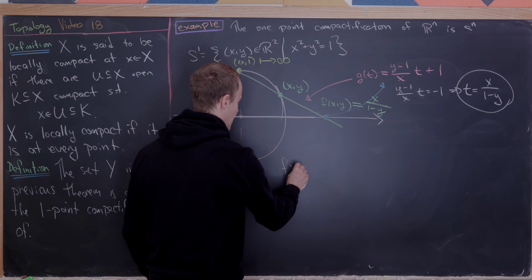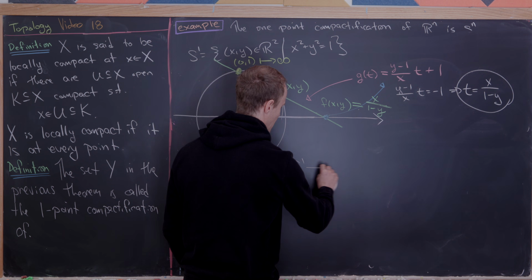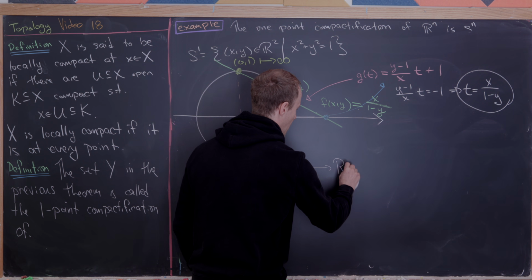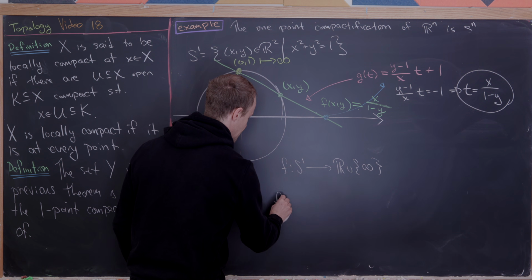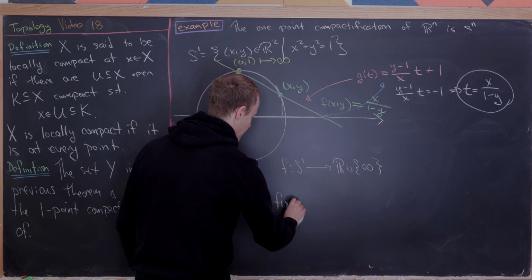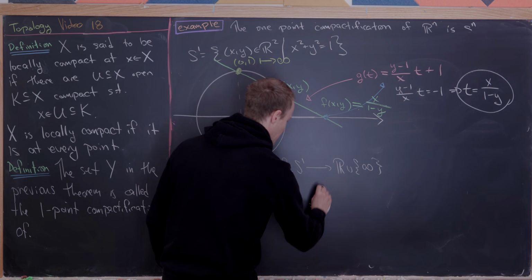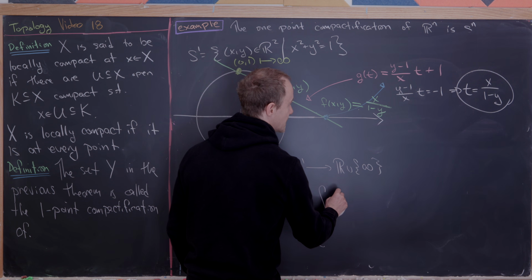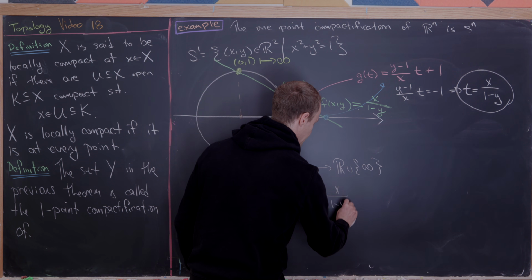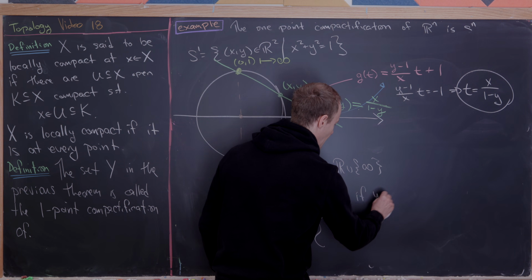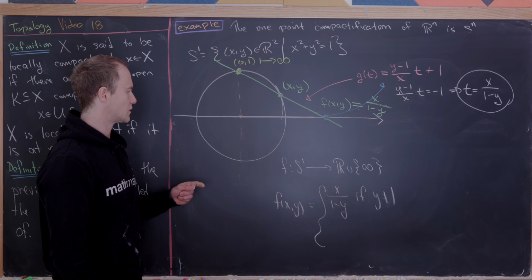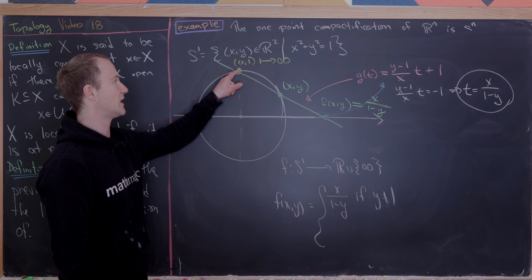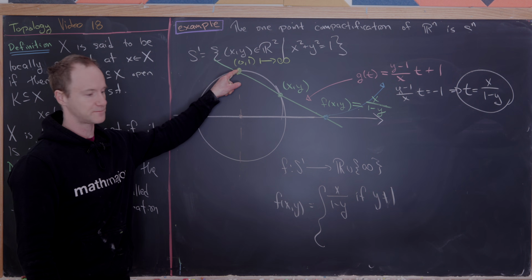So that means that f of x comma y here, being this intersection point, is simply x over 1 minus y. So we have our function. We can define f from S1 into R union the point at infinity, piecewise as follows. f of x comma y will equal x over 1 minus y if y is not equal to 1. Notice that y is equal to 1 only in a single place on the circle up here.